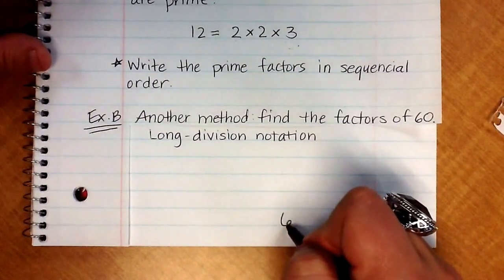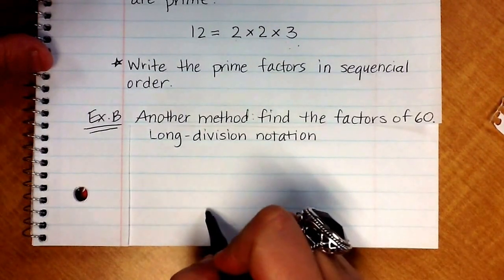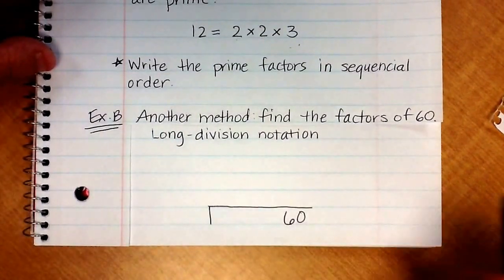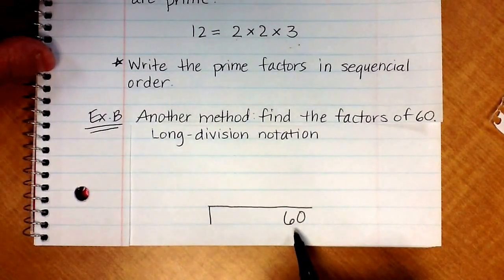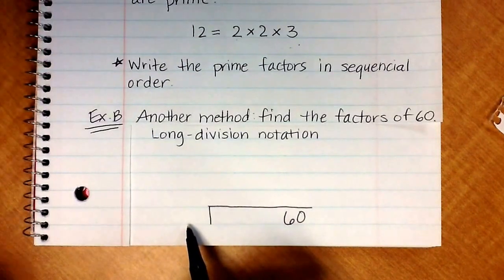So I'm going to start with the 60, and I'm going to draw a very long division bracket. You need a lot of space for these, with the 60 being over at the far right. On this side here, this is where I get to put the factors.